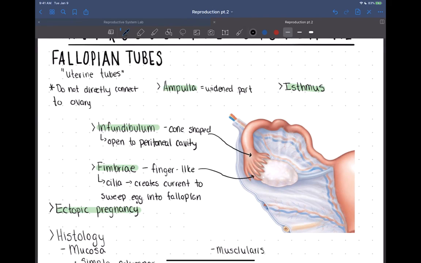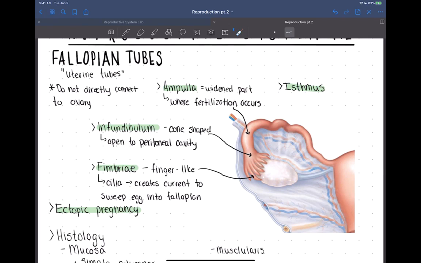The ampulla is important because this is most often where fertilization occurs. That would be here. Fertilization typically occurs that far away from the uterus, so the sperm have to swim all the way up through the fallopian tube, all the way out to the ampulla.